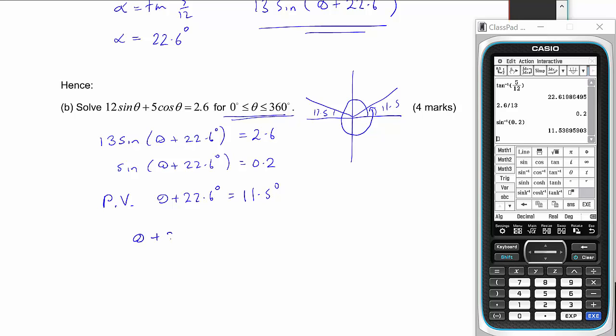So theta plus 22.6 degrees is going to be, so we'll have 180, take away 11.5 as our first of those, 168.5. And then the other one's going to be 360, add 11.5, 371.5.